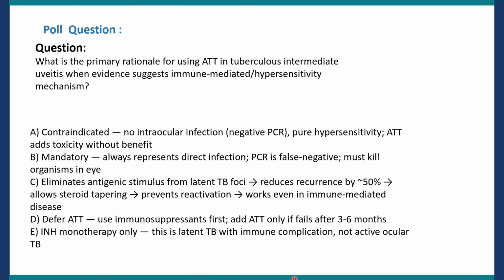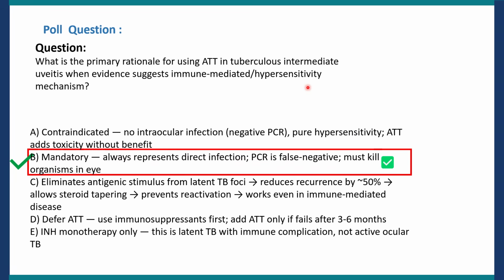Now, the aim of this question is that although we know that the mechanism of intermediate uveitis is mainly immune-mediated, when we are treating intermediate uveitis we use both steroids and anti-tubercular treatments together. What's the rationale behind that? The answer is that it is mandatory to combine both anti-tubercular treatment and immune suppression, because even if you have a negative PCR, this might be a false negative, because this is paucibacillary tuberculosis, and detection of DNA particles within the fluids from the eye is very difficult.